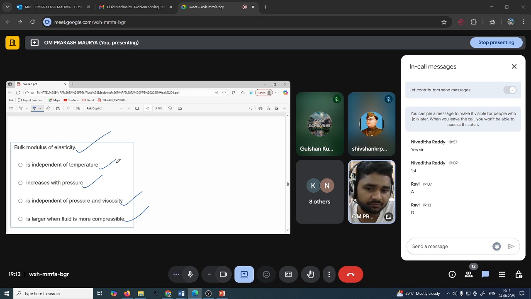From that formula you can guess the answer to this question. First, everyone try to Google this bulk modulus of elasticity formula, and from that try to think. If you already know the formula, no need to Google it.